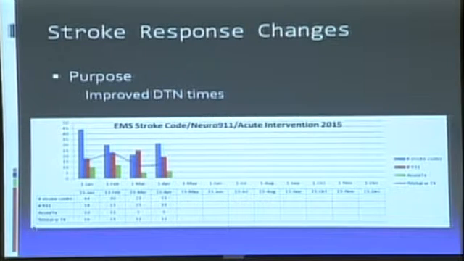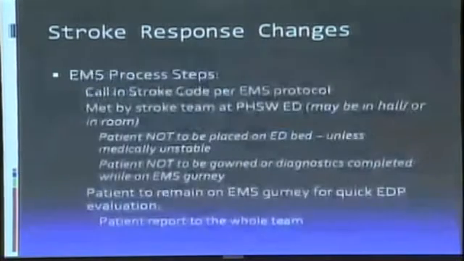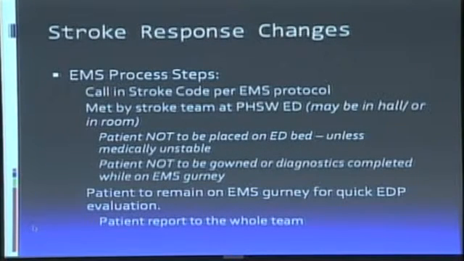That would involve meeting you in the hallway or in the room and quickly determining if the patient is what we call a neuro 911, an appropriate candidate for thrombolytics. The ED doc will do a quick 1 to 2 minute evaluation to determine if these are candidates. We take them directly to CT and have you move them onto the CT gantry, and then you're done with your business there.